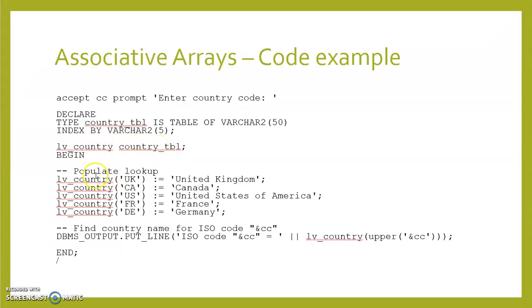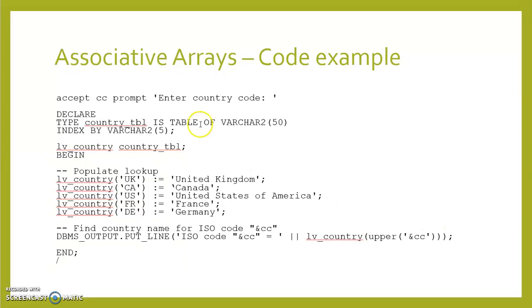And then you can populate it simply by making the assignment, and you put the key value here, and then the value is what gets assigned. And so I build that list, and then the cool part is, if I wanted to take any of those country codes and find the associated full name of the country, it's as simple as using this code here, where I just refer to this key value right here.